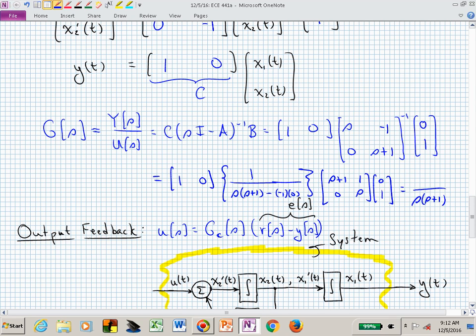And if we look at C times that sI minus A cofactor matrix, that's going to pull off the top row, and the B matrix is going to pull off the second column of that top row, meaning we're left actually with just this piece being picked out because of the combination of the 1, 0 in the C matrix and the 0, 1 in the B matrix.